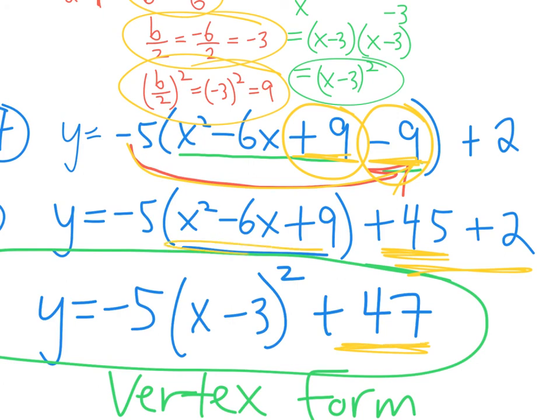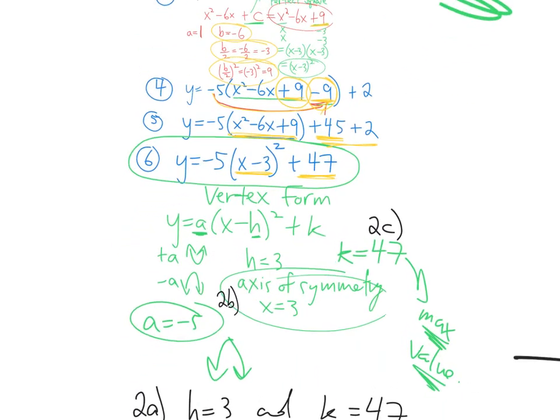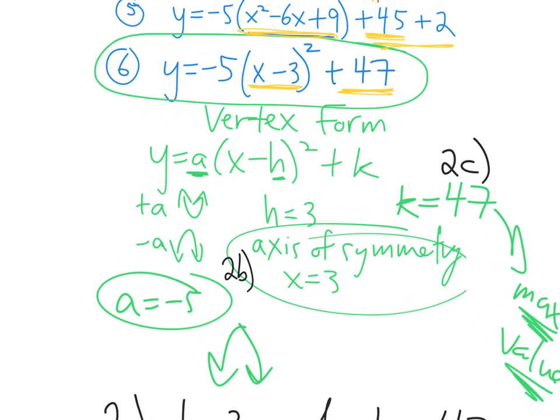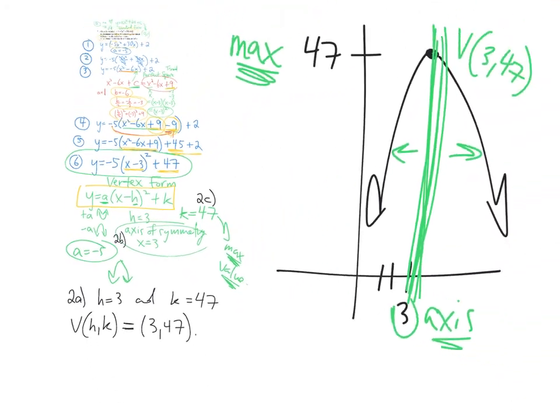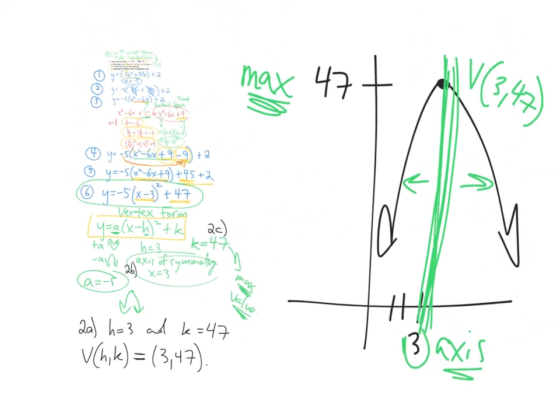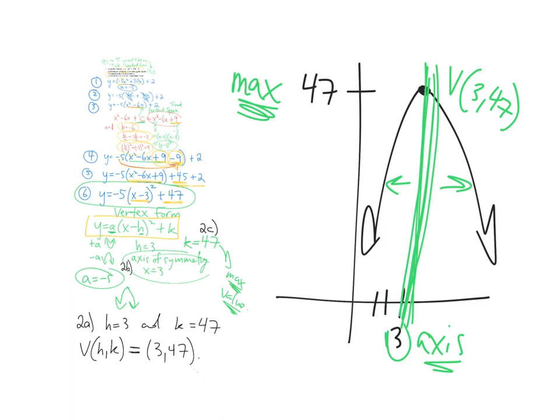And by factoring the perfect square trinomial, we have x minus 3 squared, which puts this standard form into vertex form. And that concludes this video on determining the vertex, determining the axis of symmetry, and determining the maximum or minimum value, in this case a maximum value since a is negative.